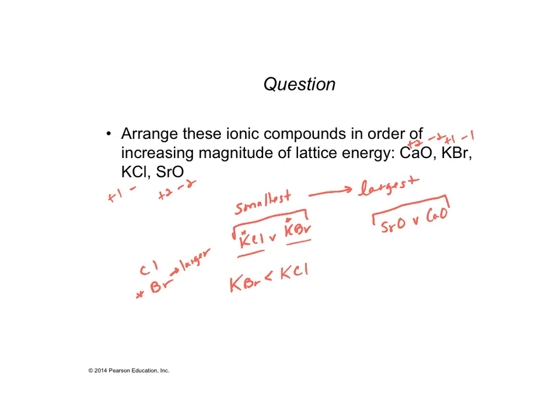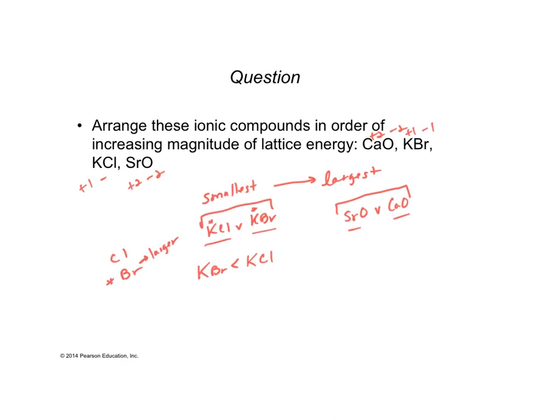Then if we move over to strontium oxide and calcium oxide, again, these are both +2 -2. How do they differ with respect to one another? Size again, right? So who is smaller? We've got calcium. Where does it lie with respect to strontium? Right above it, right? So calcium versus strontium: calcium is smaller here, and strontium is larger.